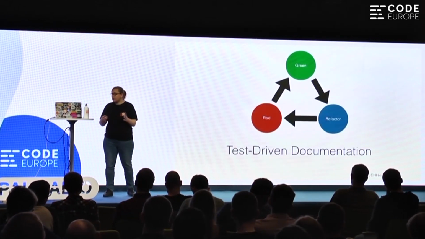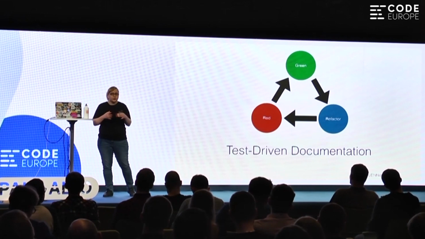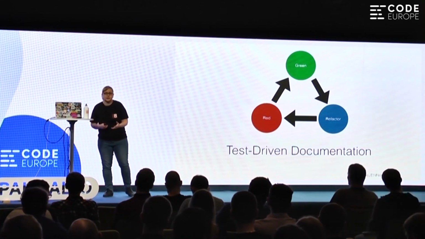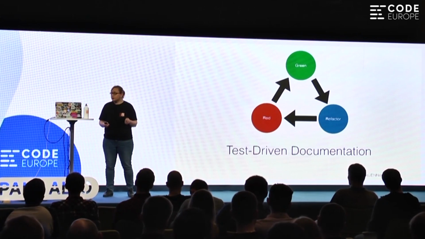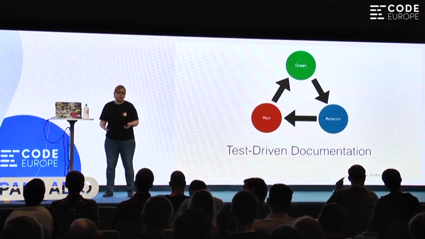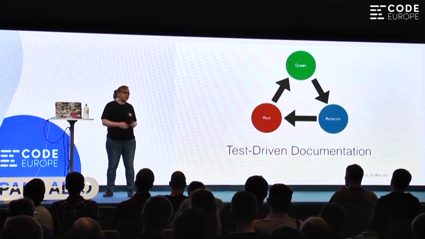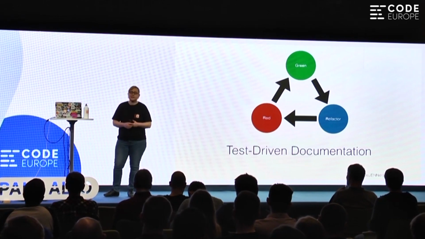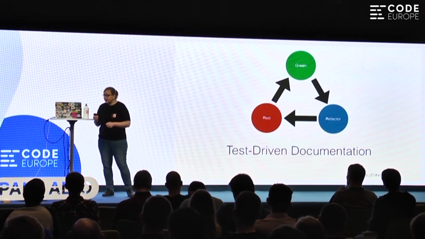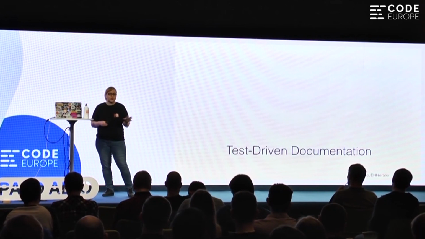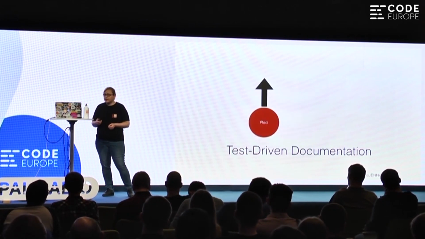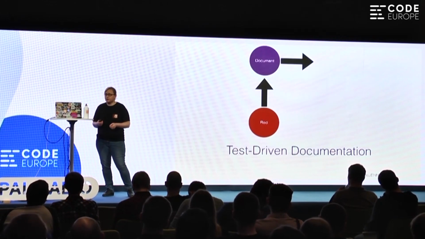So I talked a little bit about how you kind of use these things together. And a lot of this has to do with testing. So you can use this approach that I'm calling test-driven documentation. So test-driven documentation is my it has to be better, right, solution. And so we start with our original red-green refactor cycle, and we're adding in this step for documentation.